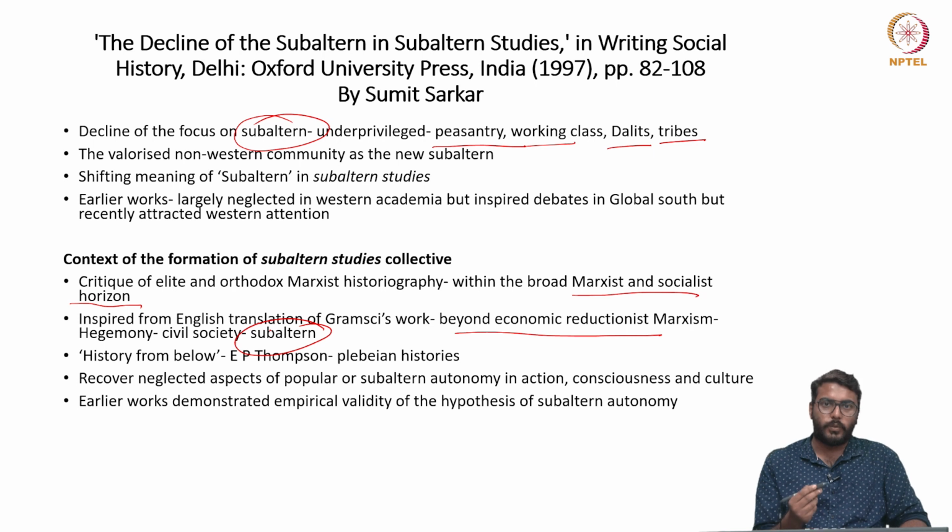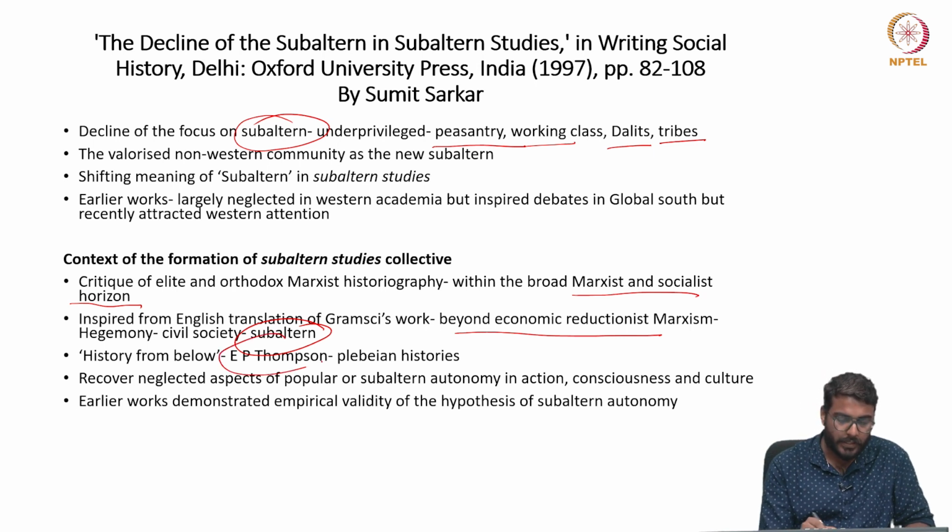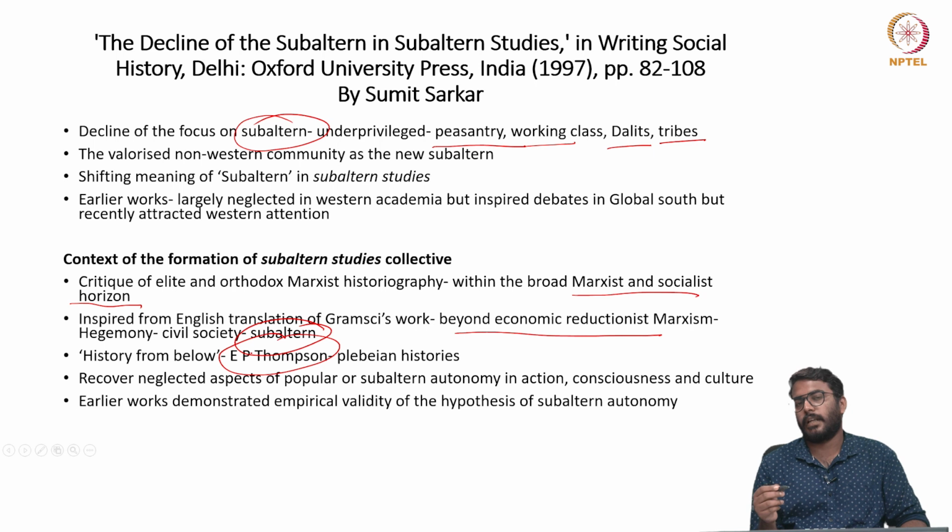Another immediate school of historiography is the British school of Marxism, primarily historians like E.P. Thompson as well as other Marxists like Eric Hobsbawm to a limited level, who have been writing history from below, right?